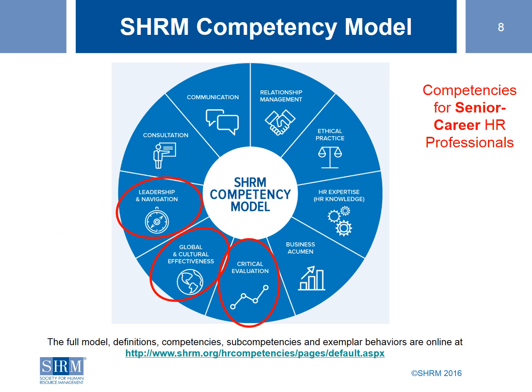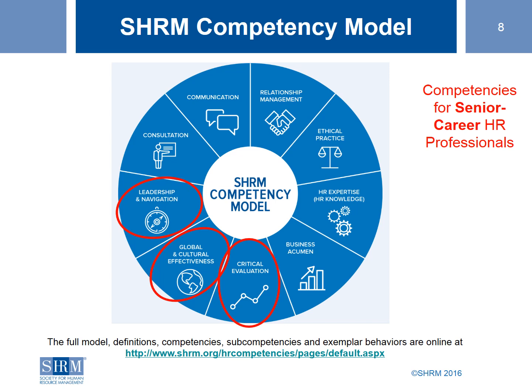So here's the competency model, and we have talked about pretty much everything. In the blue, the red are the ones we have left. We've done critical evaluation. Now it's leadership and navigation. And that is the competencies for the senior career HR professional.